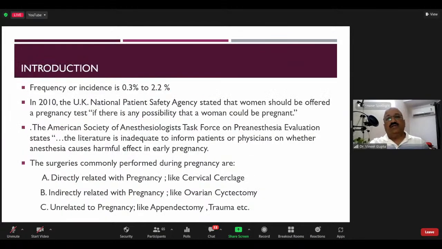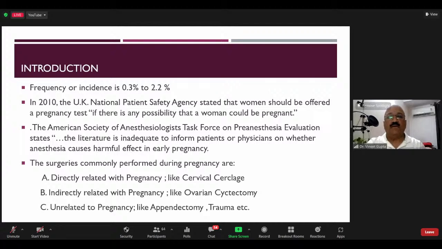It brings a shiver down your spine once you know that a patient is coming for acute appendicitis, being posted for laparoscopic appendicectomy, and she is 3 months pregnant or 6 months pregnant or whatever it is, term pregnancy or early pregnancy.